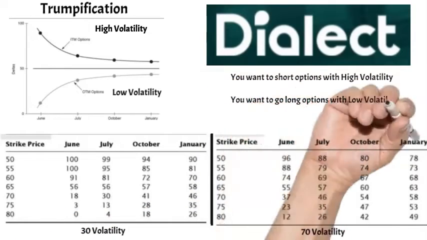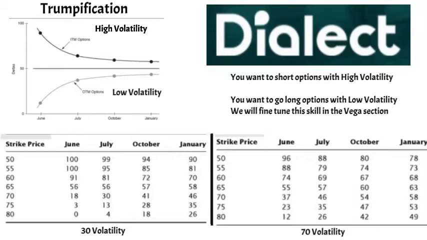Now, when it comes to time and volatility, I had to go into a lot more detail with the other Greeks like Gamma, Theta, Vega, Charm and Rho, because there are some concepts that you have to understand.